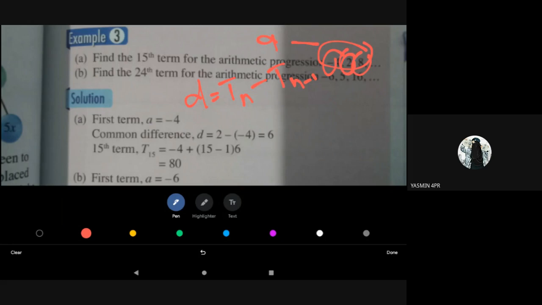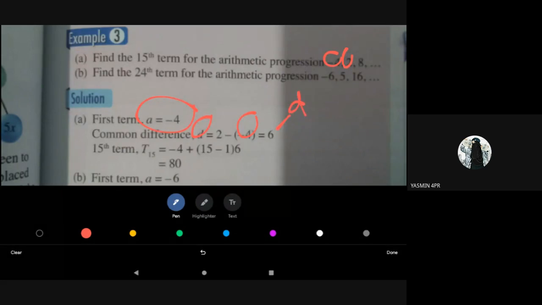Here it is given as arithmetic progression. We no need to check whether it is progression or not, because it is already given in the question, so it must have a common difference. So A is negative 4. To find D, we use 2 minus negative 4, so D is 6.